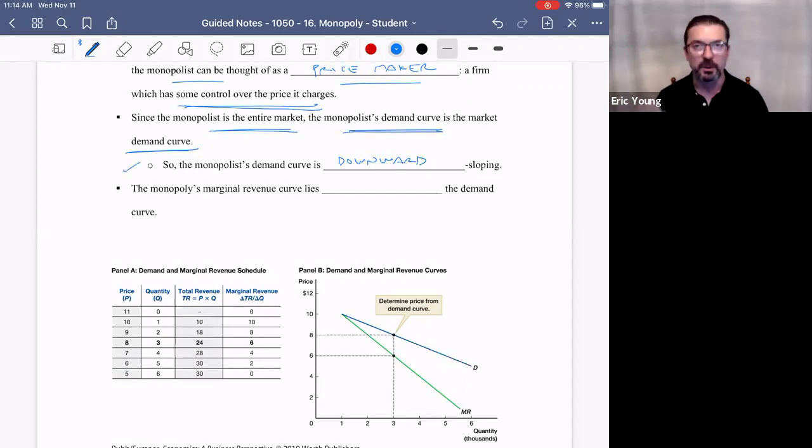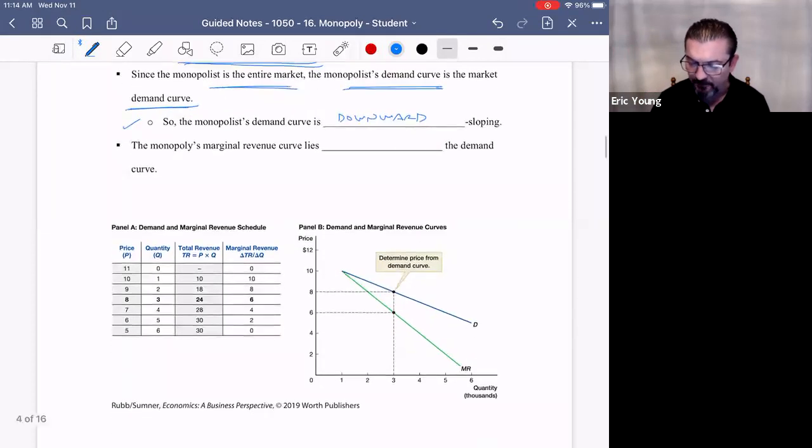Really important. Another important thing, and a direct takeaway from this idea of the downward sloping demand curve, is that the monopoly's marginal revenue curve is going to lie under its demand curve. So we're going to have a downward sloping demand curve. We're also going to have a downward sloping marginal revenue curve, which will fall under the demand curve.